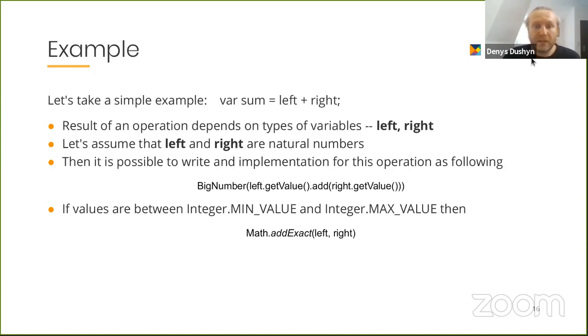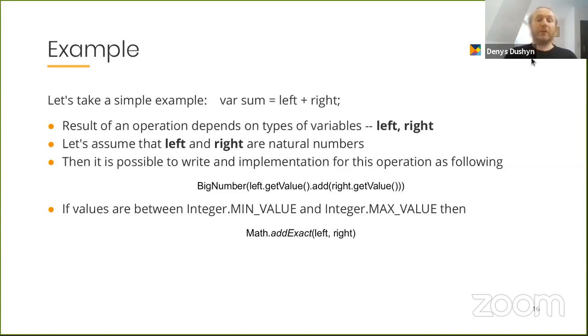For simplicity, let's assume that left and right are natural numbers. The Truffle framework is written in Java and uses the Java language, and it's possible to express the addition operation as an implementation with big numbers. It will provide accuracy, but it's not performant.